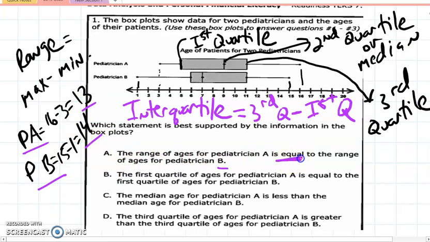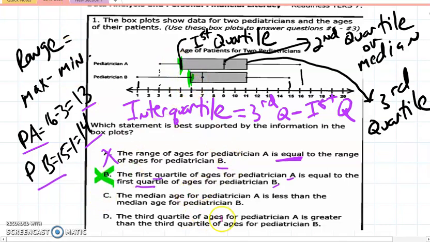It says equal, they're not equal. The first quartile of ages for penetration A is equal to the first quartile for penetration B. I'm going to highlight them here. This is the first quartile right here, and this is the first quartile here. Are they the same? No, this one's 5 and this one's 6. So that's not the same.